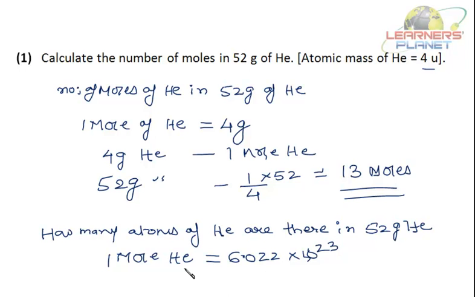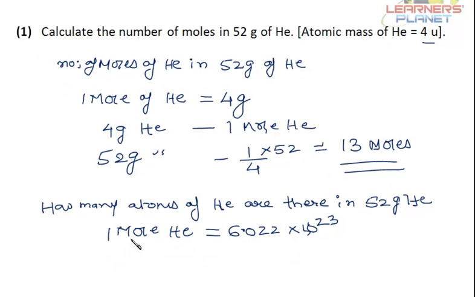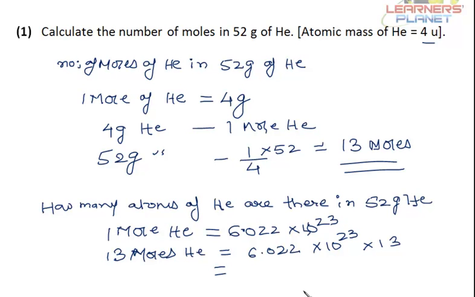So in 13 moles of helium, how many helium atoms will be present? The number of helium atoms will be 6.022 into 10 to the power 23 into 13. Just calculate it. 13 into 6.